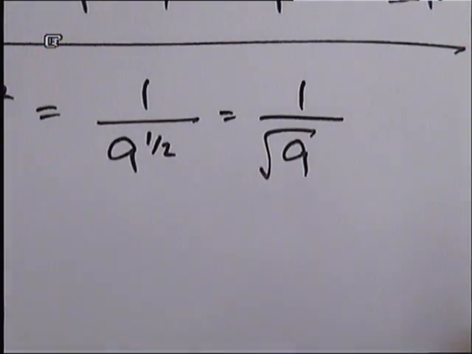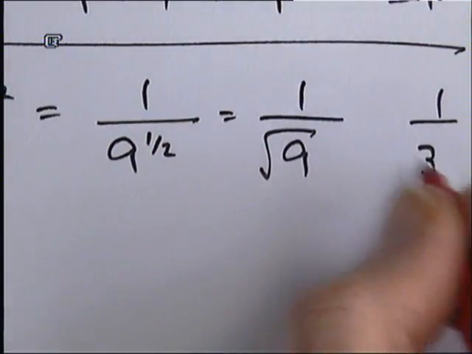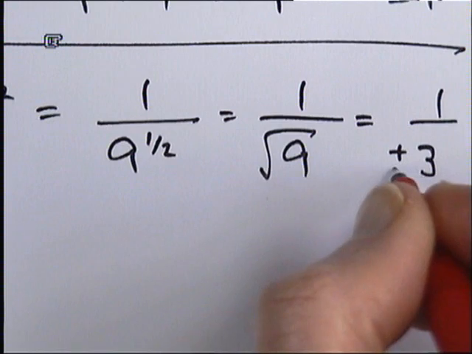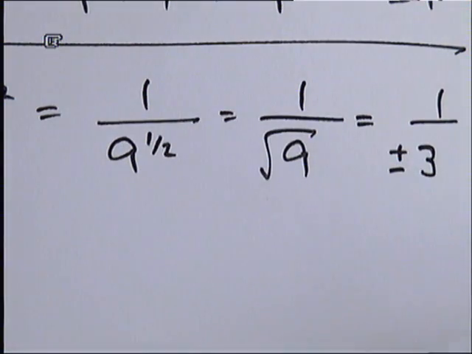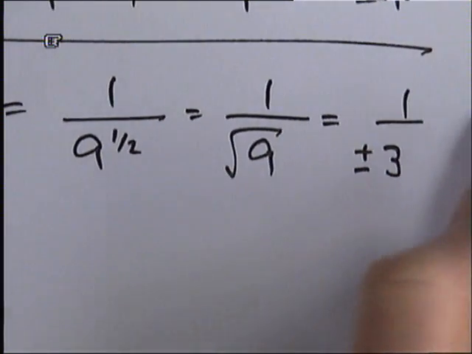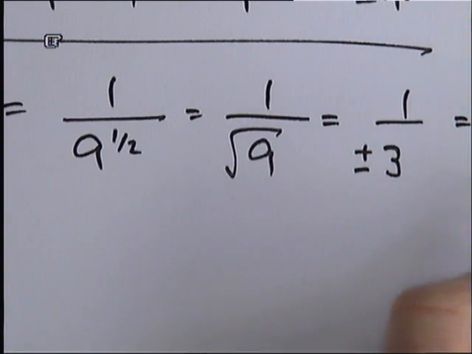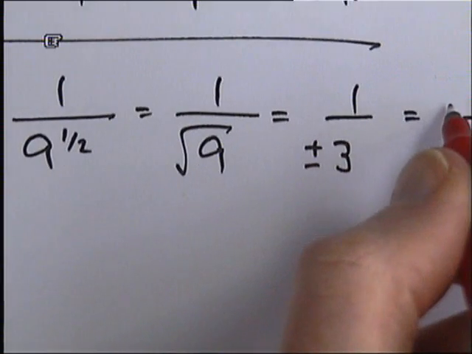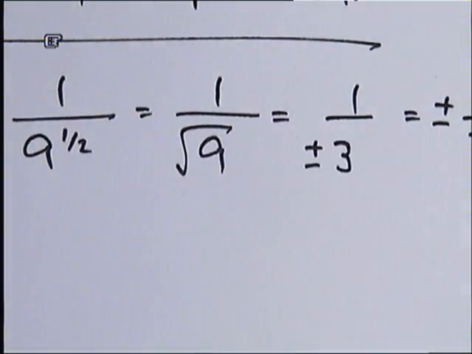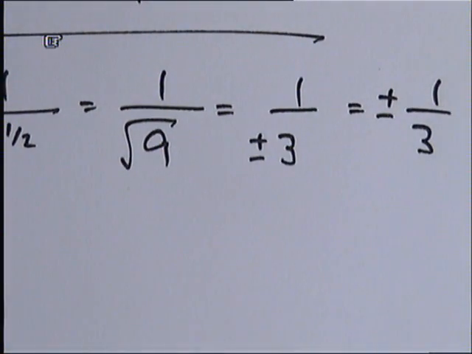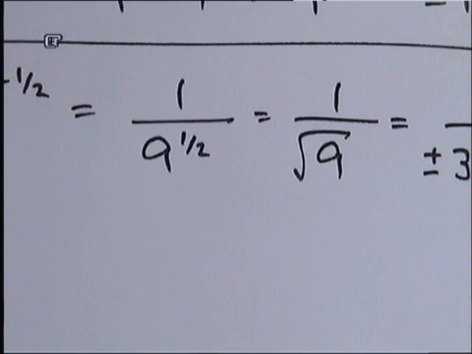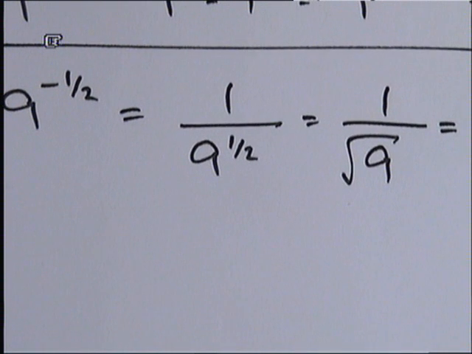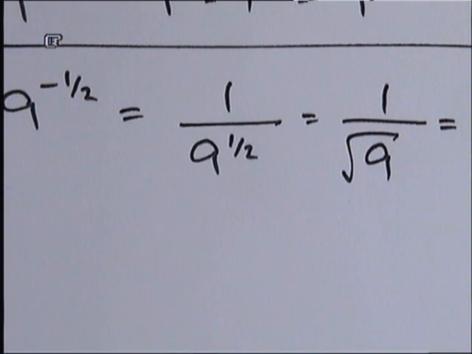The square root of 9 is 3. Well, it's plus 3, and it's also minus 3. Usually with a fraction, rather than writing the plus and the minus sign just by the bottom number, we put them in front of the whole thing. So we'd normally write that down as plus or minus 1/3. So you can get questions which involve minus powers and fractions all at the same time.